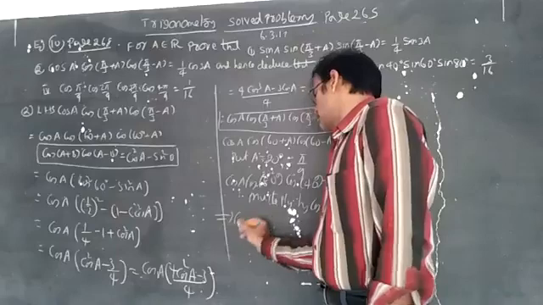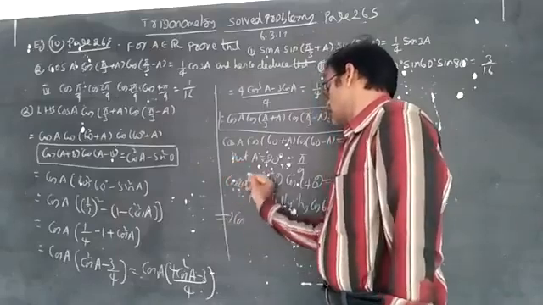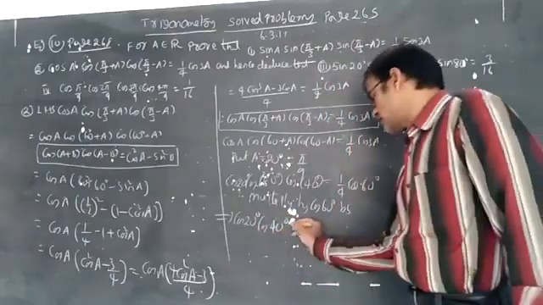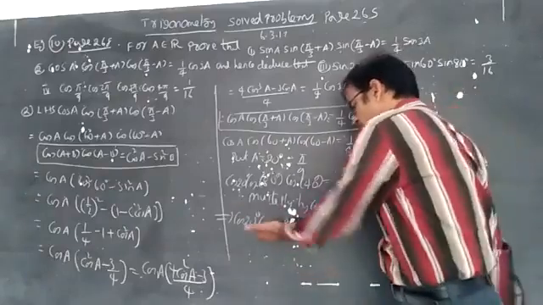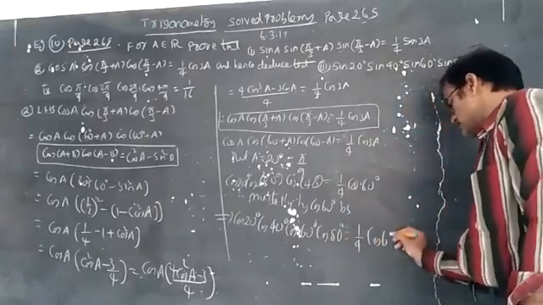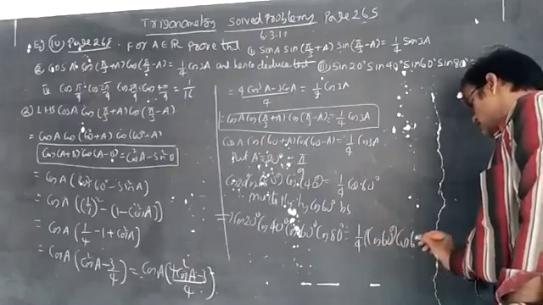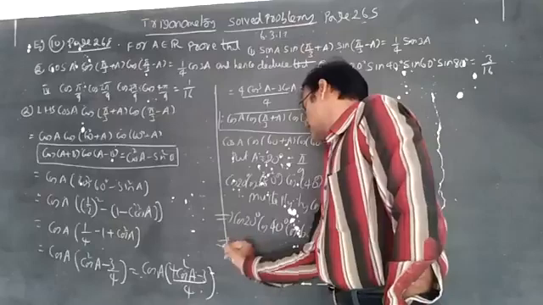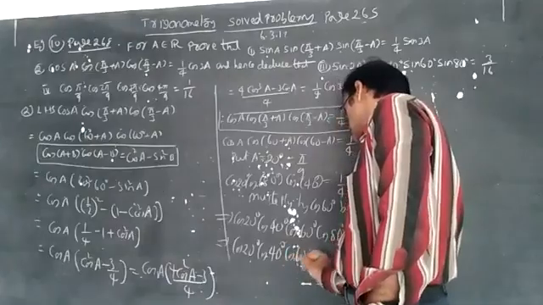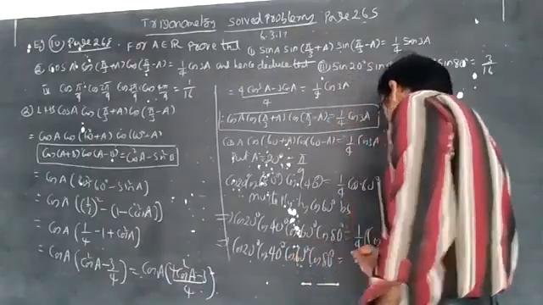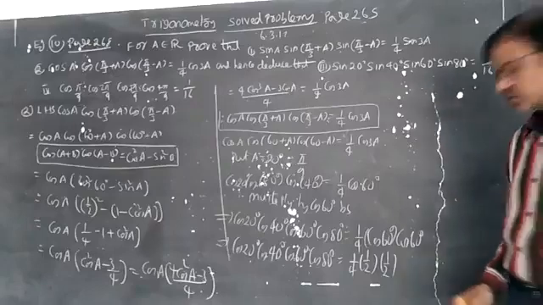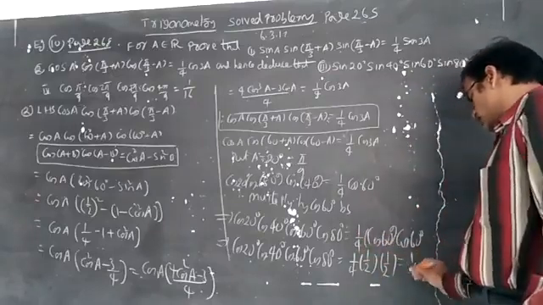That implies, with A being 20, cos 20 degrees into cos 40 degrees into cos 60 degrees into cos 80 degrees is equal to 1/4 into cos 60 into cos 60. So cos 20° cos 40° cos 60° cos 80° is equal to 1/4 into the value of cos 60, 1/2, into the value of cos 60, 1/2. So 1/4 into 1/4 becomes 1/16.